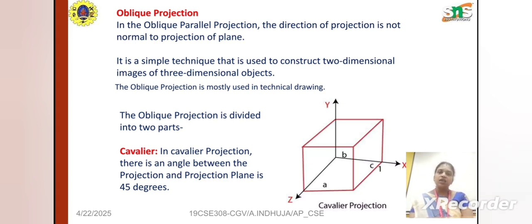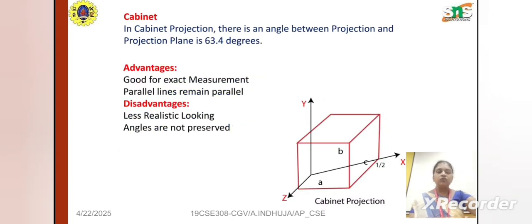How we call it Cavalier and how we differentiate Cabinet is by the angle between the projectors, that is the imaginary lines, and the projection plane. When this angle is exactly 45 degrees, it comes under Cavalier projection. The next one, Cabinet: when the angle between projection and projection plane is exactly 63.4 degrees, that type of projection comes under Cabinet projection.